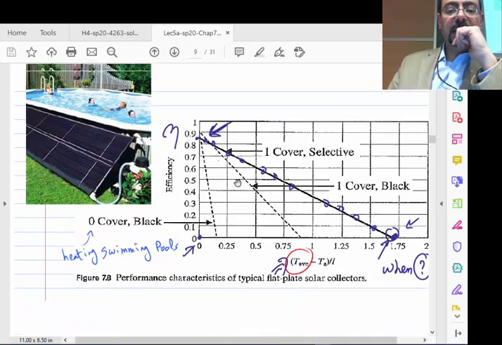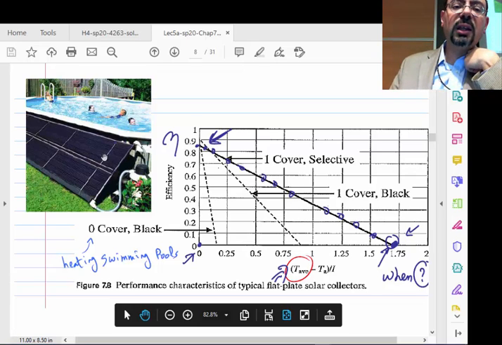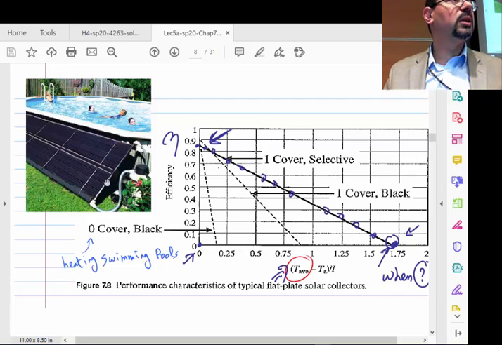So note that over here the chart is written as T average minus T ambient over I. Again, T average is the average temperature inside. The average temperature inside is probably a good approximation of what? T inlet plus T outlet divided by 2. That would be the average inside.